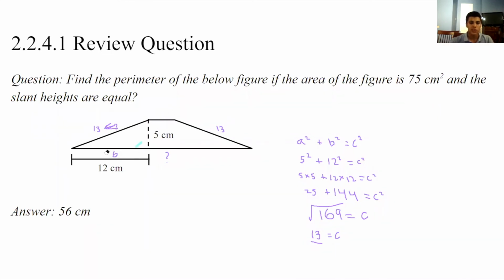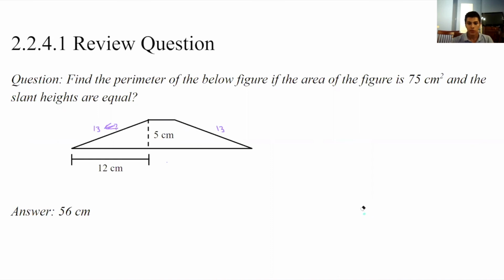So now I'm just tasked with finding the top and bottom bases, which we essentially already did. We got the area of the figure and we got the height. So now we can just do what we did before when I explained how to do these types of questions, and then we can use that to find the perimeter.